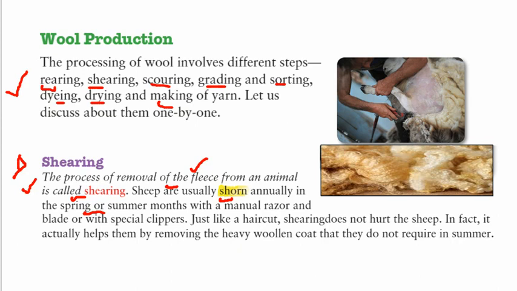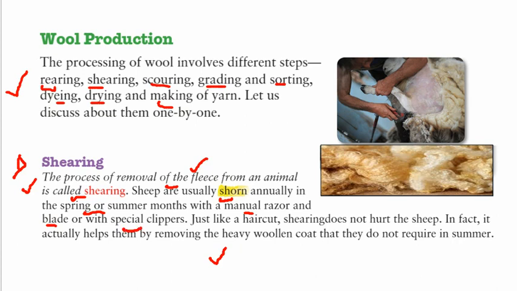So sheep are usually shorn annually in the spring or summer month, manually. Manual means we have to cut the hair from the outer surface of the sheep with a razor, with the hand. Clear? And also we use a blade or special clippers.